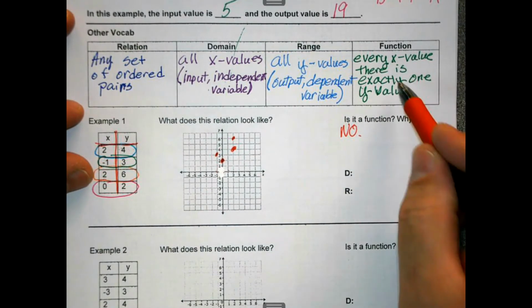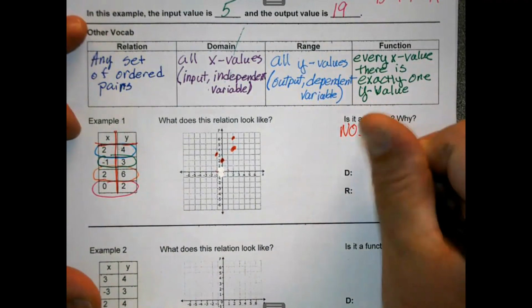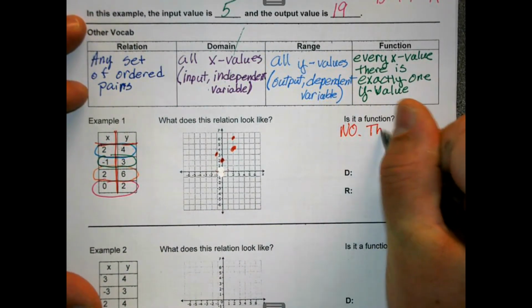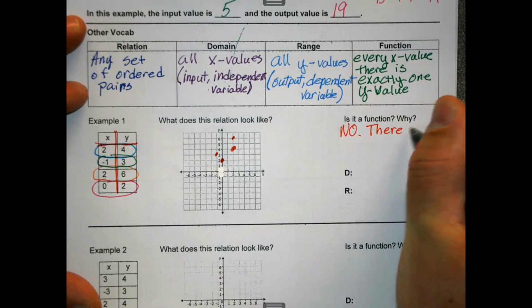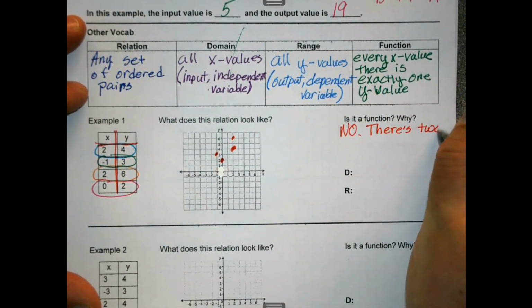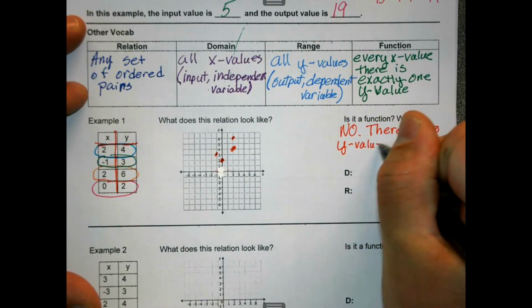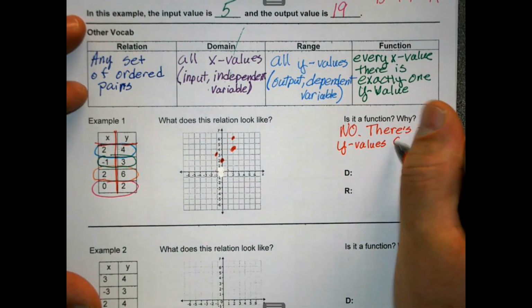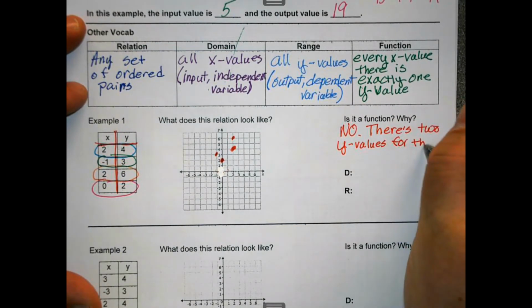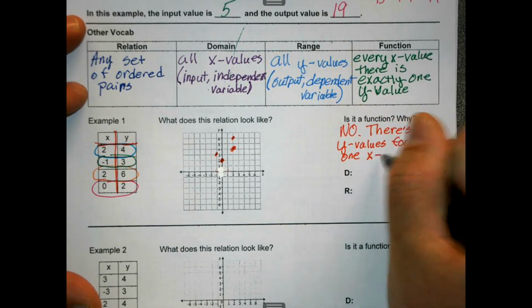This is really a hard concept to understand. So this is not a function because there's 2 y values for the one x value 2.